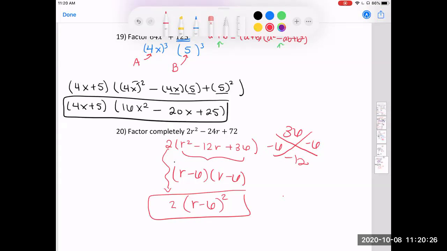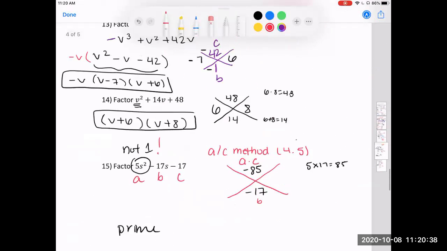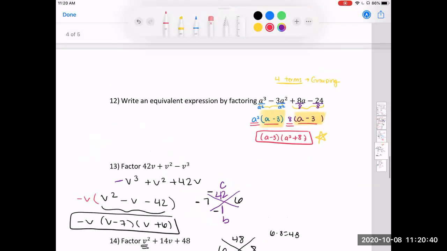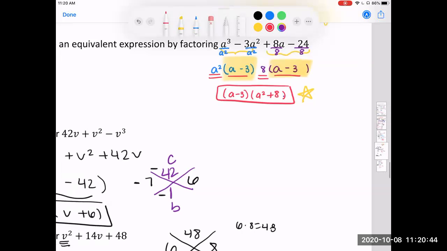Now, there was a problem in the beginning of chapter 4 where I asked that we hold on to it because we can factor it a bit more. So let's go back. I think that was problem 11. Problem 12. Okay, so that 2a plus that a squared plus 8, I thought it was a cubic.